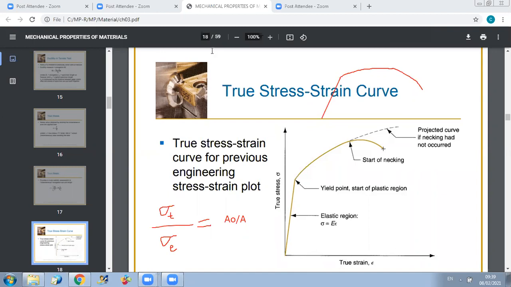So in general, when we plot the true stress strain curve, we have the true strain, while when we plot the engineering curve, we have the engineering strain. So since the axis is not the same, if you want to compare, we should choose a same axis. And who will tell me what will be the axis that can be common for both?